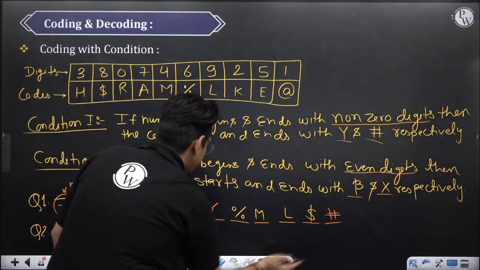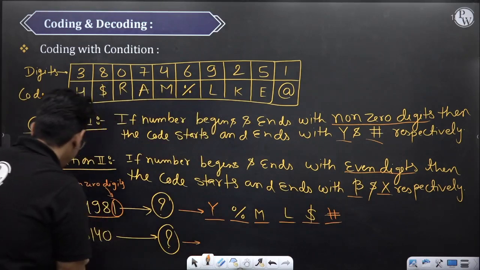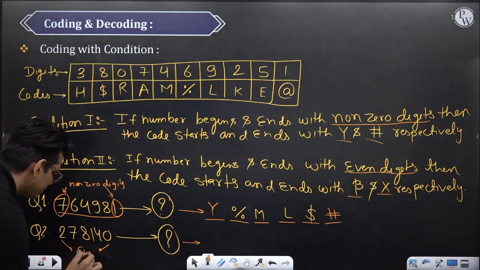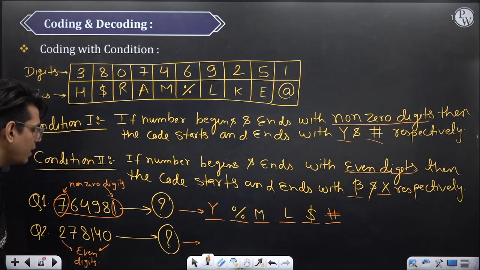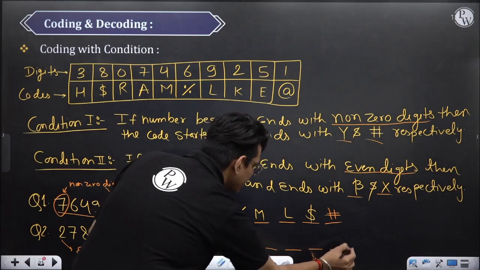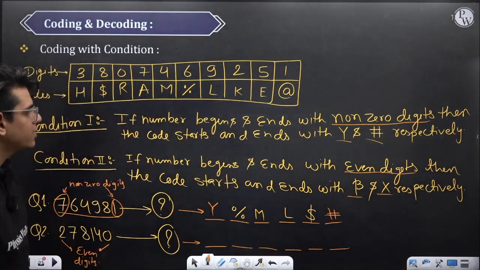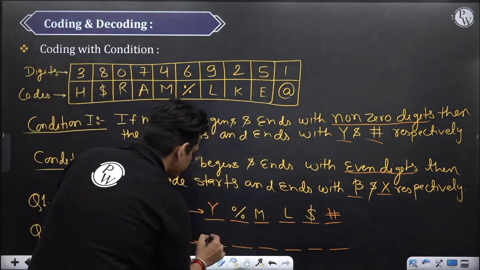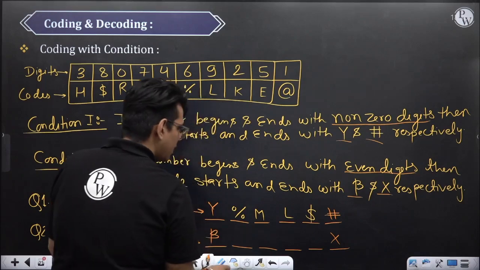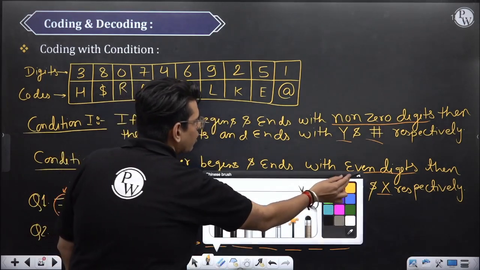Similarly, for the second case, when the digits are even digits, 0 is an even digit. So in the even digits case we will start with beta and end with x. But in between we will follow the condition.